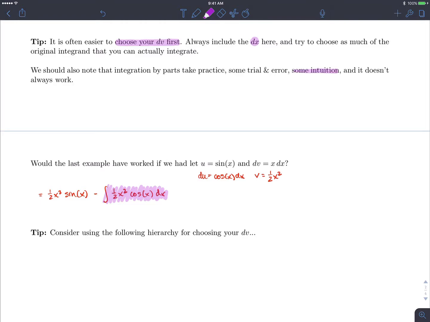Now, with that in mind, there's also another tip that I wanted to share. Since this is worse than the original integral, I'll make a note here, which should be a sign for us to maybe think of something else.